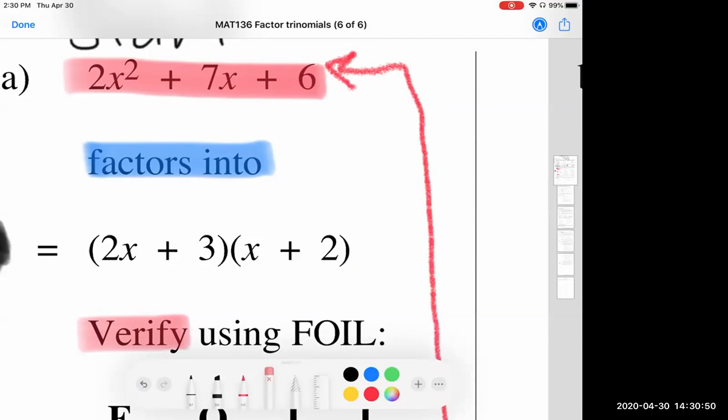We can set each one equal to 0 and solve for x. So we can have 2x plus 3 equal to 0 and solve. We can have x plus 2 equal to 0 and solve. This is an important feature in solving a quadratic, but there are other ways.